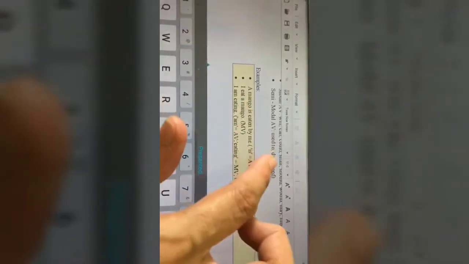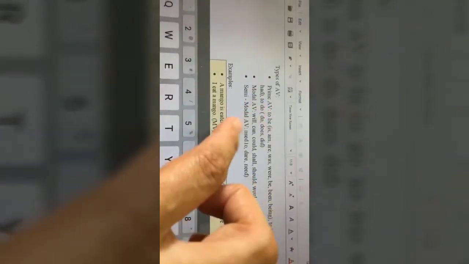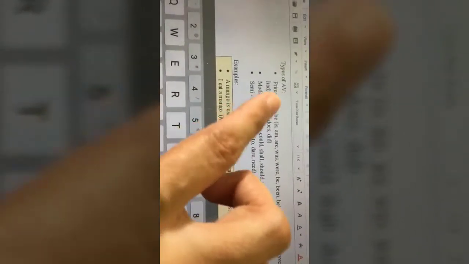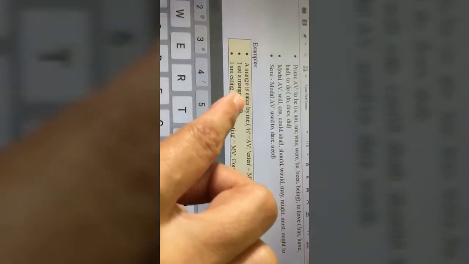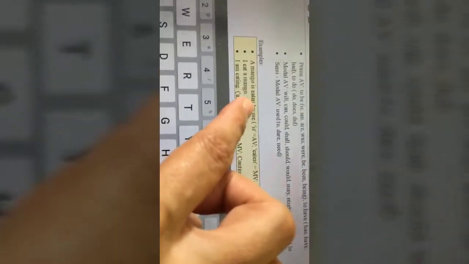Now, is, as we studied, is an auxiliary verb. It is not used by itself, it is used along with the main verb eaten. So is is a prime auxiliary verb, and eaten is what form of the main verb? It is in the passive form, or V3. So that's how you identify what is an auxiliary verb, what is a main verb, and what is a form of the main verb.